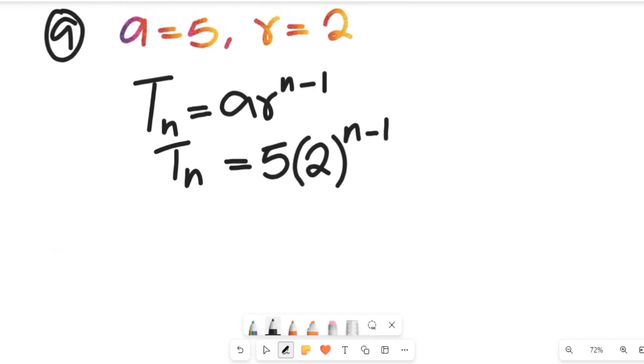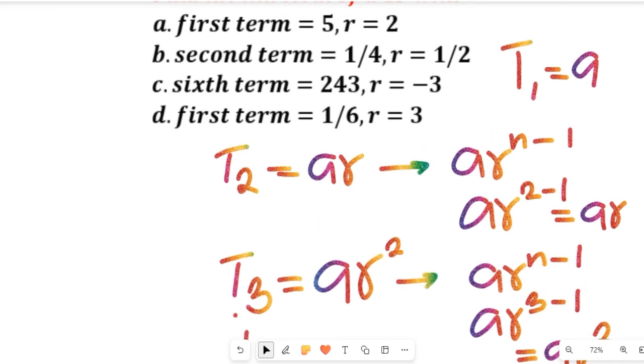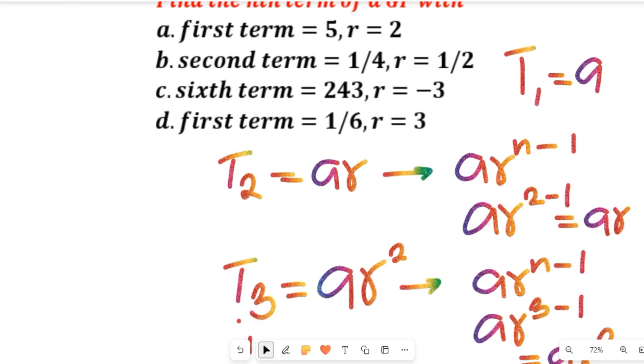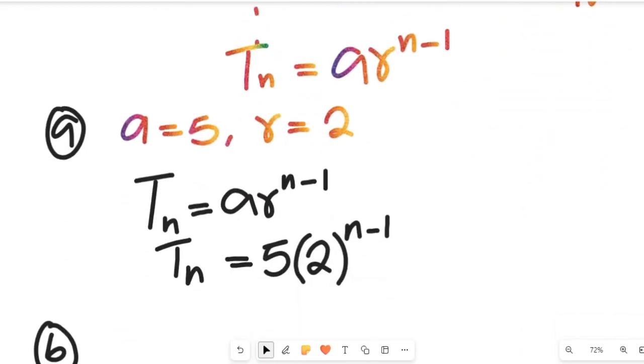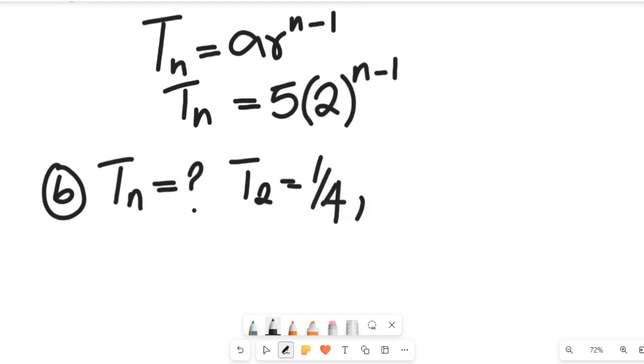Now let's look at question number B. In question B, we are asked to find the nth term if the second term is 1 divided by 4 and the common ratio is 1 divided by 2. We are asked to find the nth term, Tn, which we don't know, and we are given the second term, T2, to be equal to 1 divided by 4, and the common ratio to be equal to 1 divided by 2. How do we go about that?